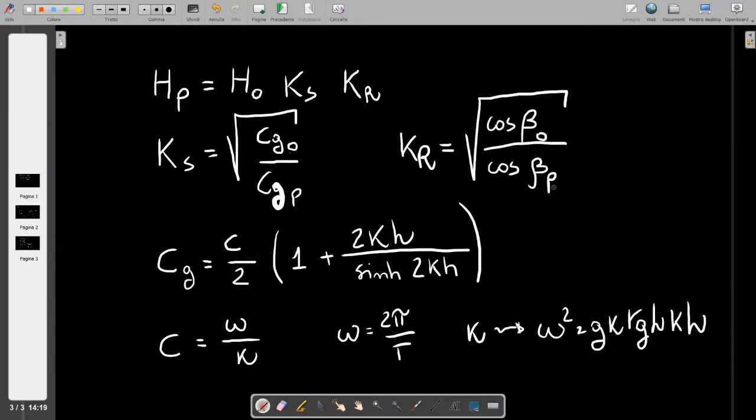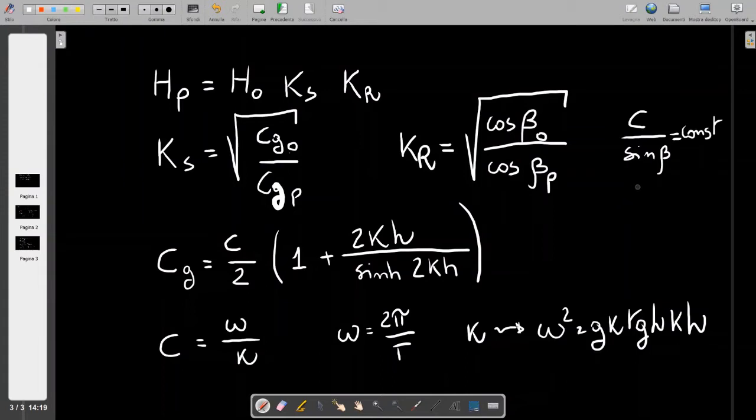Now, the angle at the point located offshore is given, whilst the angle at the point located inshore is not. Then we need to apply the Snell law, for which the ratio of the wave celerity, that is again this one, over the sine of the wave direction must be constant during the propagation.